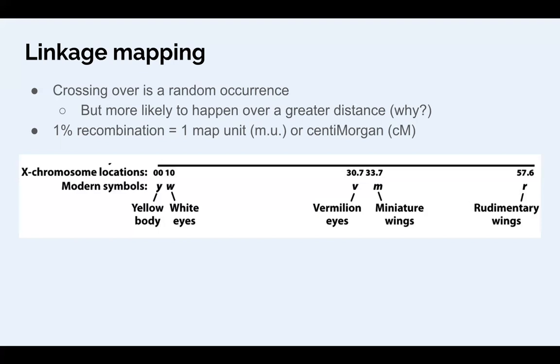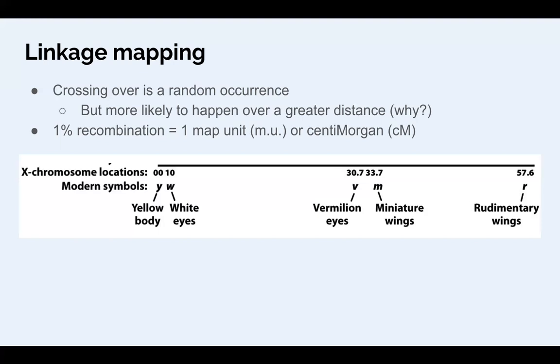So you would see what happens if I cross vermilion with yellow. So yellow body, vermilion eyes, I can make a cross of those, and you would notice at some point that the chance of the recombinant offspring in there was a little bit lower than you'd expect for unlinked genes. You'd start building the case that they were both located on the X chromosome.